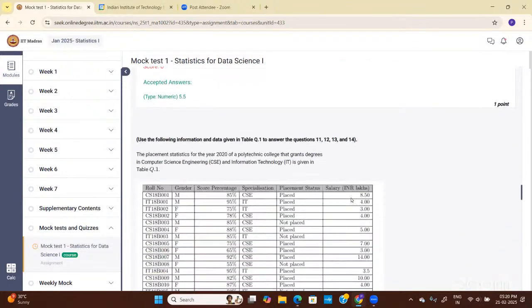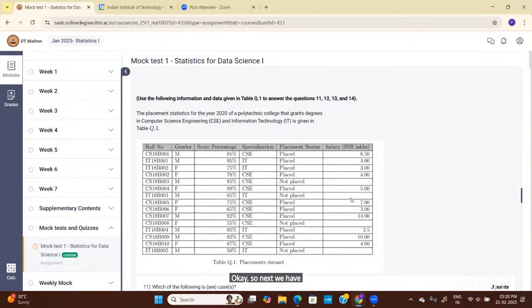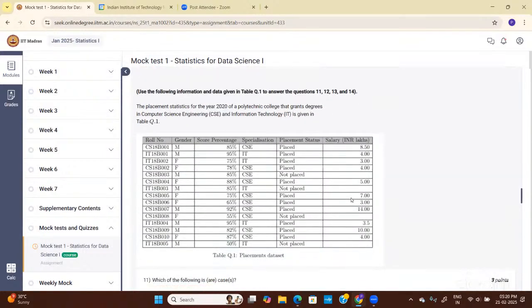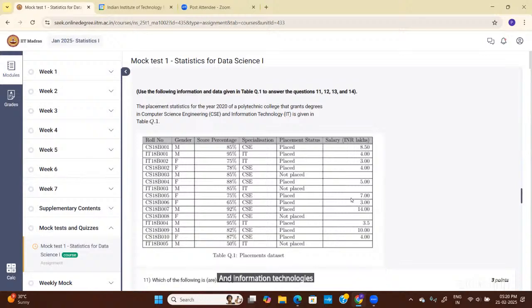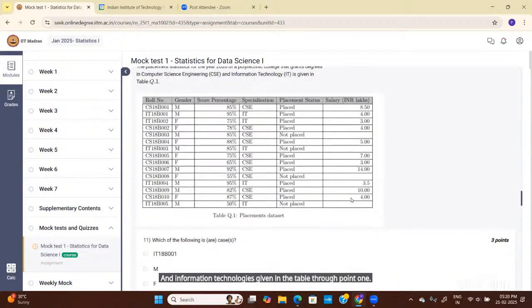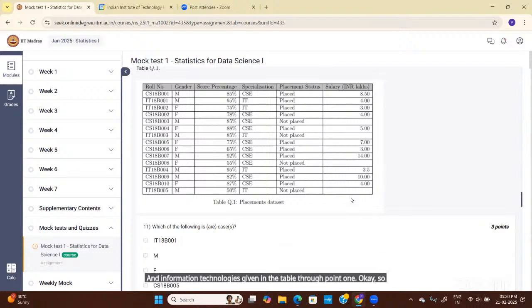Okay, next we have placement statistics for the year 2020 of a polytechnic college that grants degrees in computer science engineering and information technology, given in table Q.1. So the data is given.